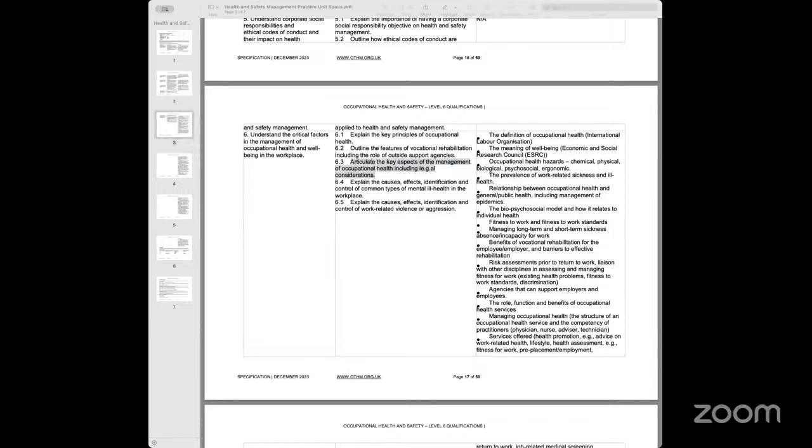Now, the third assessment criteria talks about the key aspects of management of occupational health, including legal considerations. This is the area wherein we'll be looking at understanding what is the primary concern of occupational health and safety when it is implemented within the organization.